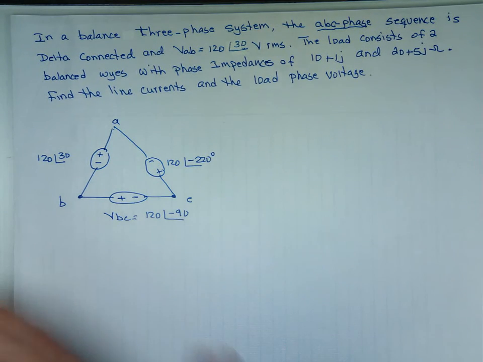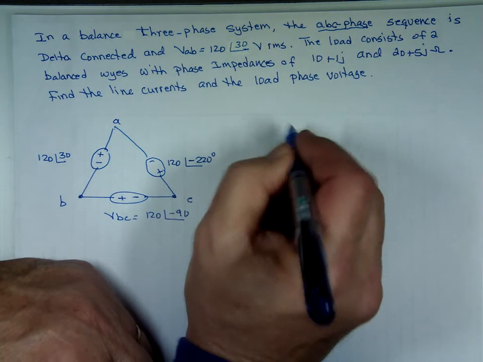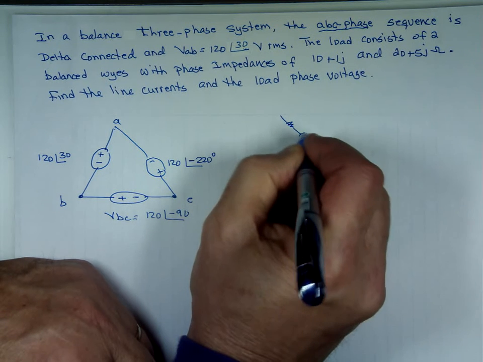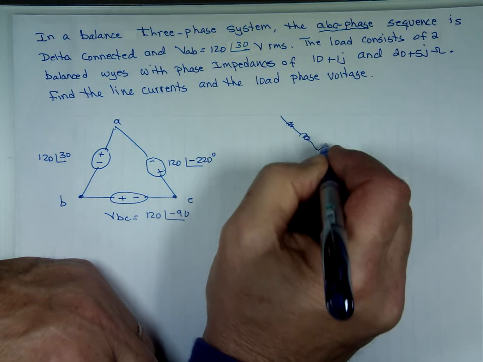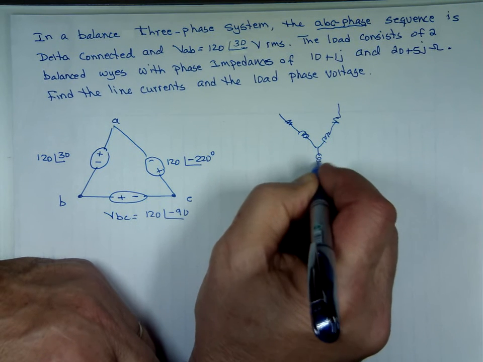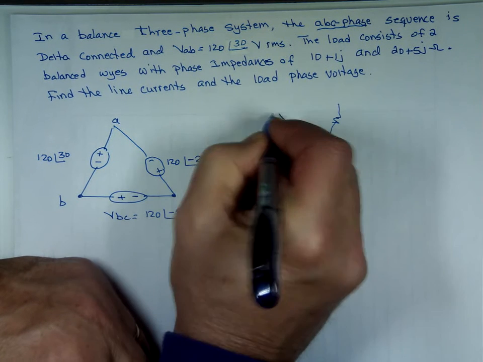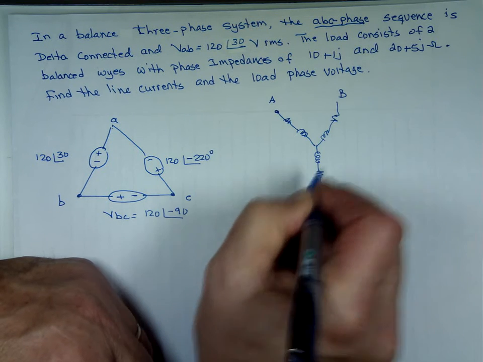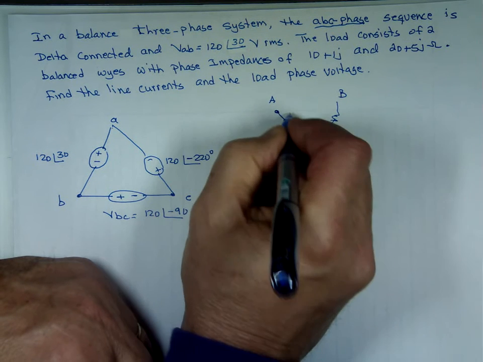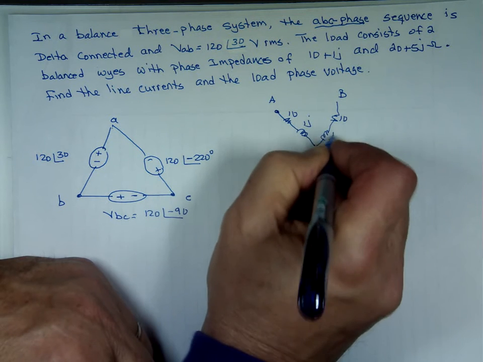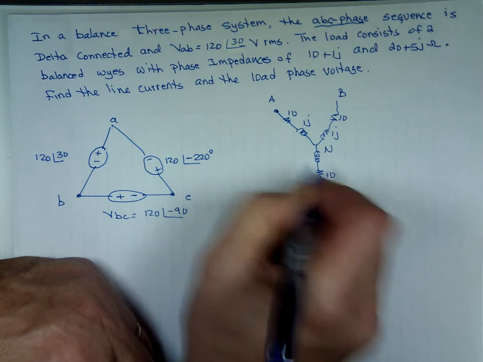You're trying to attach this to a Y load, so we have two of them. The first one is 10 plus 1J. So this is A, B, C. This is N, 10 plus 1J, 10, 1J, 10, 1J.